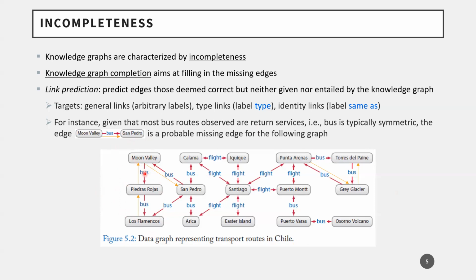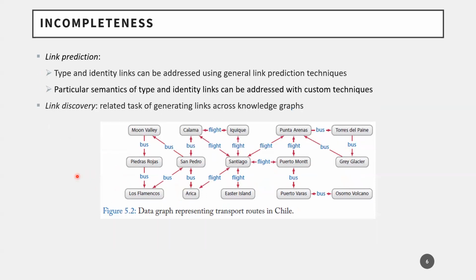This edge may be correct, but is neither given nor entailed, so we should predict whether this bus direction exists or not. For link prediction, the tasks for type and identity links can be addressed using general link prediction techniques. For the particular semantics of type and identity links, they can be addressed with custom techniques.